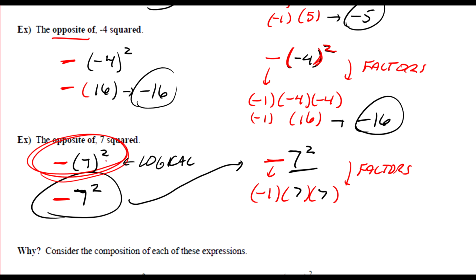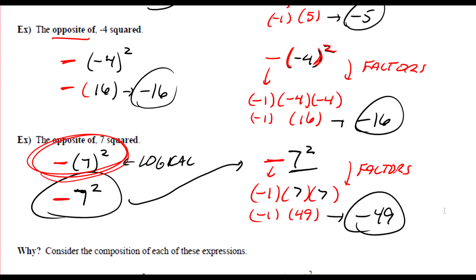But anytime there's a positive number, the parentheses are gone, and I have to interpret the negative sign outside as a factor of negative 1. So negative 1 times 49, 7 times 7 is 49, and the answer to this is negative 49.